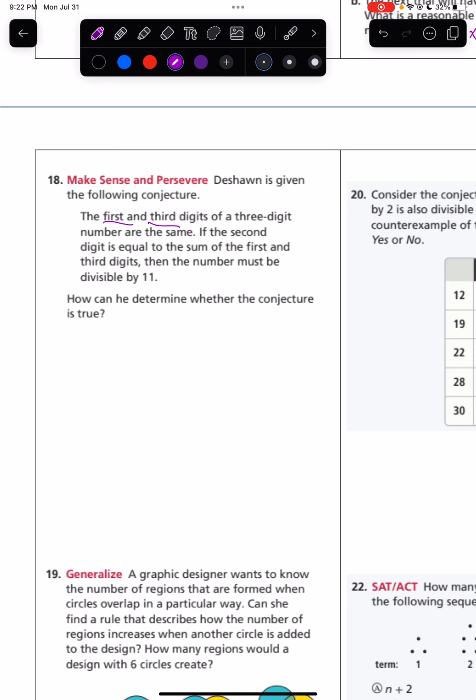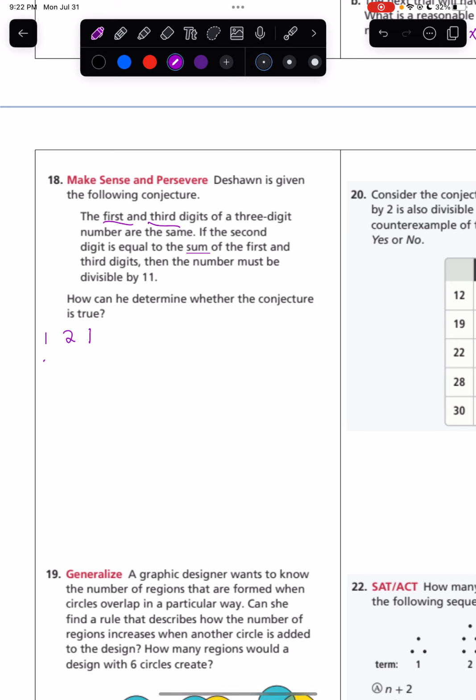Let's think about 3-digit numbers where the first and third digit are the same. The first one of those would be 1, something, 1, and there'd be a third digit in the middle there. And it says if the second digit is equal to the sum of the first and third digits, then we can take the first digit 1, the third digit 1, we add those up, it's 2. So that number 121 is one of the possible numbers, right?